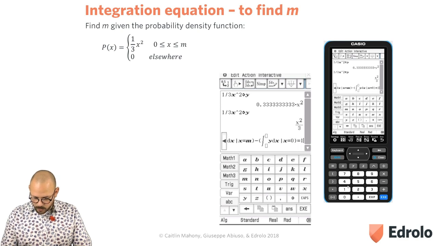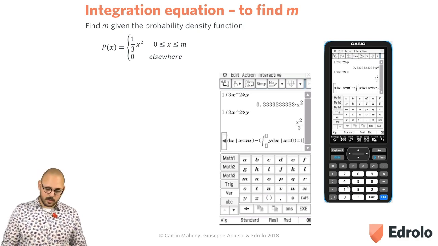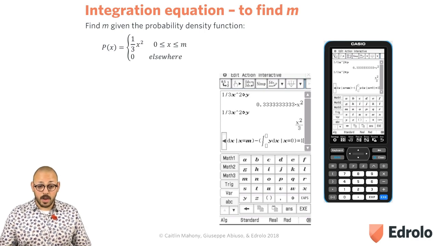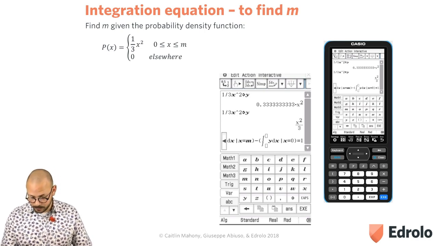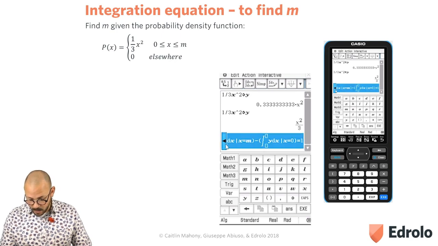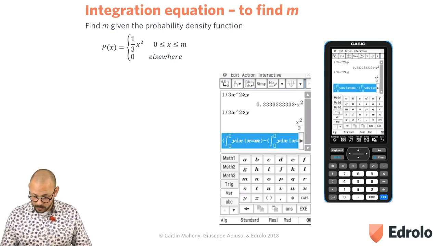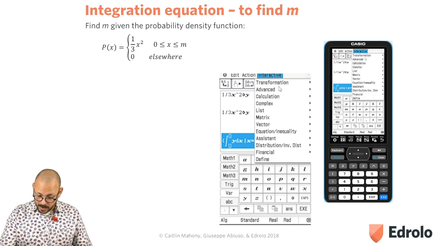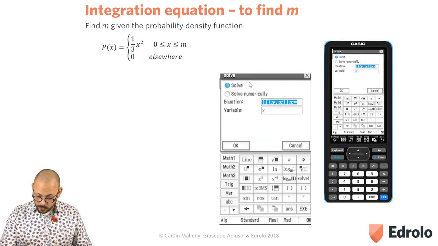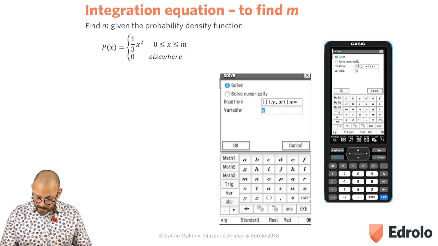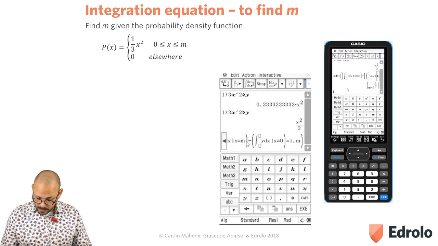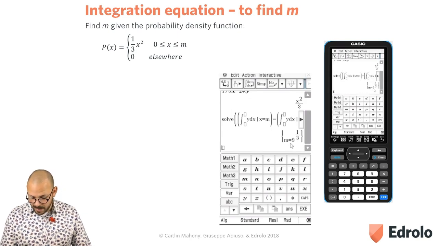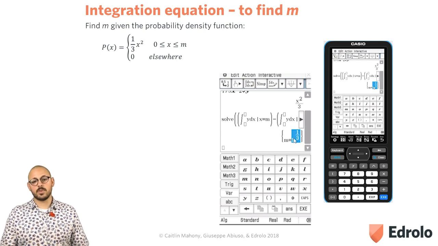And this is going to be equal to 1 because we know that the definite integral between 0 and m of that function is going to be equal to 1. I'm going to highlight all of this. Interactive, advanced, solve for the variable m. Okay. And here we have that m is equal to the cube root of 9.